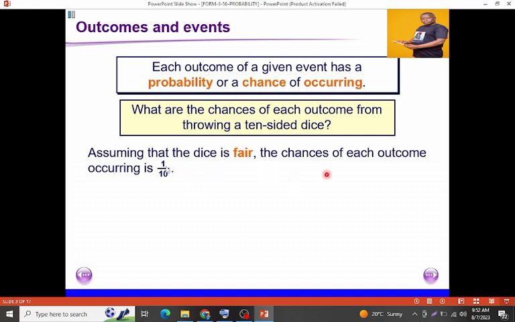In other words, each number has a chance of showing up only one time. So the probability of each number on the 10-sided dice is 1 out of 10.